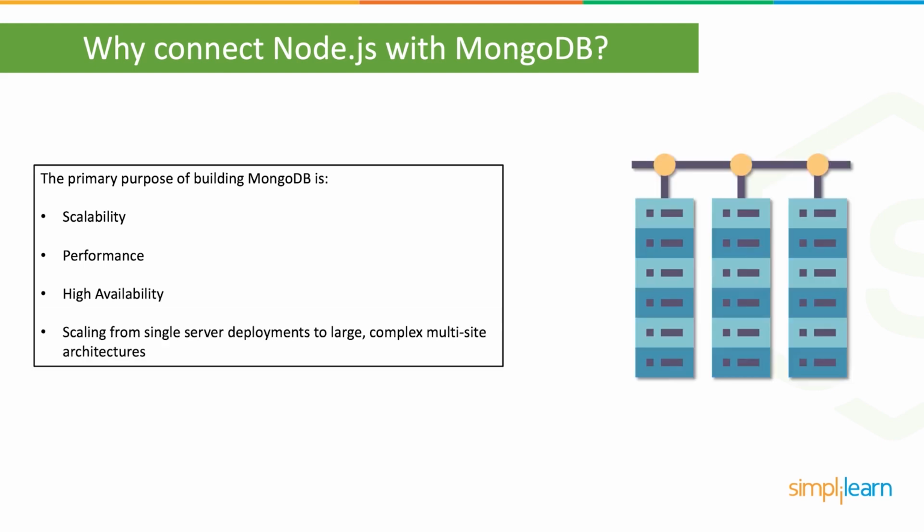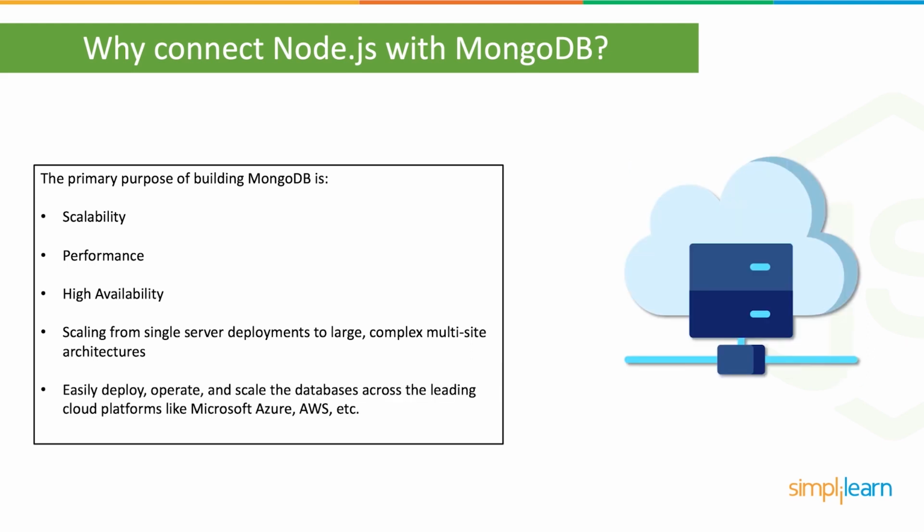You also have the ability to scale to very large, complex, multi-site solutions. In fact, one of the very first MongoDB applications I built was a multi-tenant environment, and it just worked really well. You'll be able to easily deploy your solutions across Microsoft Azure, AWS, Google Cloud, etc.